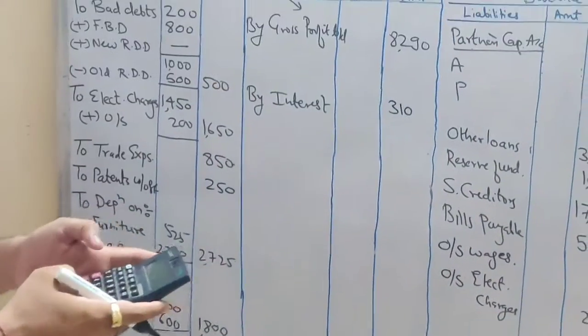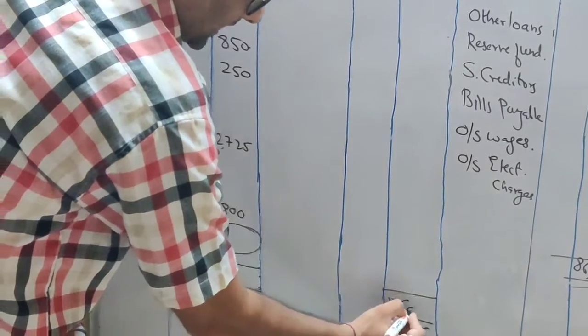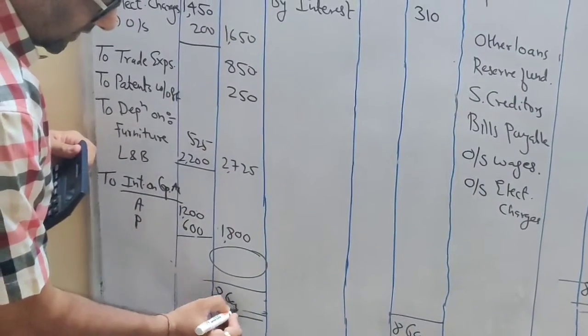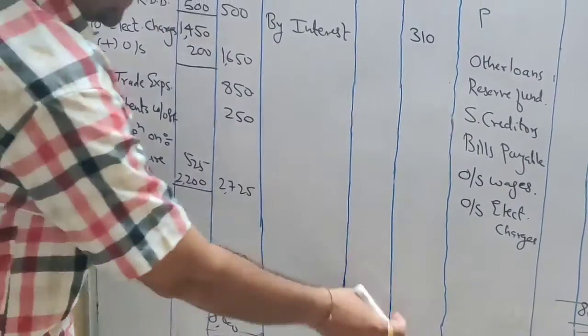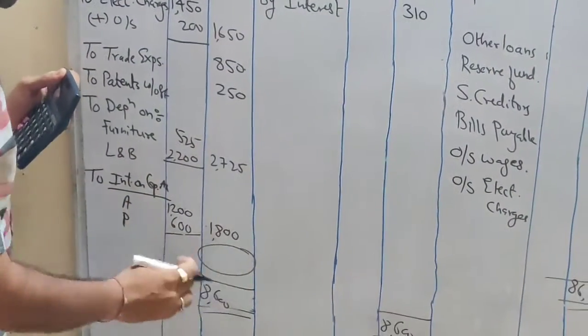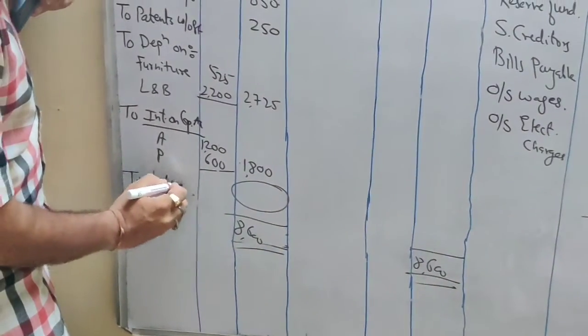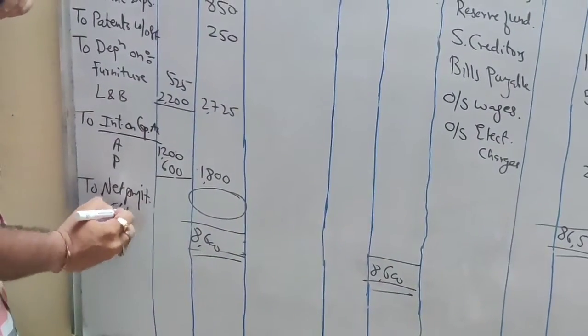Now let's see. Again this side is greater. Big total on both sides, 8600. Remember this rule, students: big total on both sides. And this side is smaller, so you will write the difference over here and write it as net profit carried down.